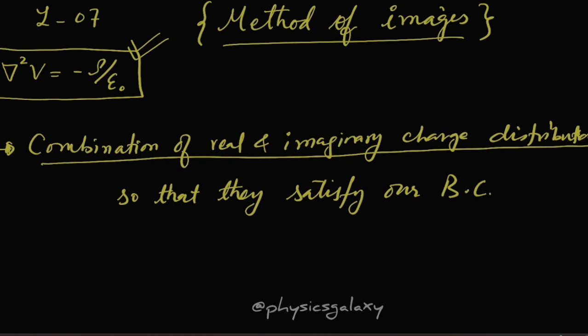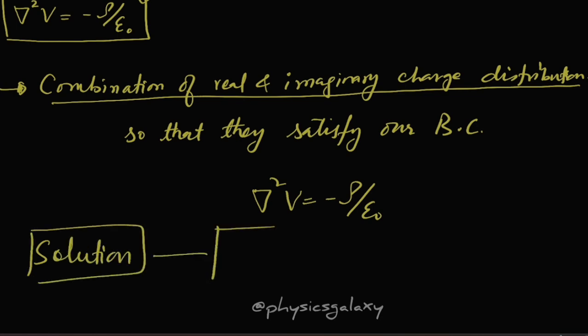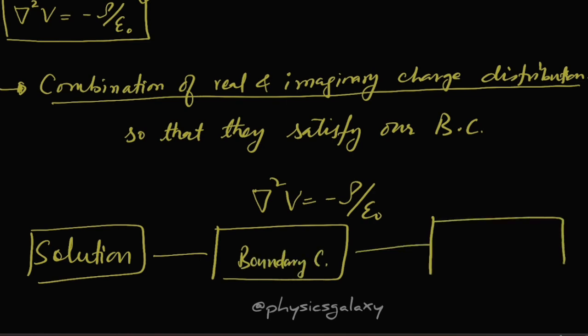Now, as we have already discussed in the uniqueness theorem, if you find a solution to this equation, del square V equals minus rho over epsilon, and if that solution satisfies your boundary conditions, then that is the solution.